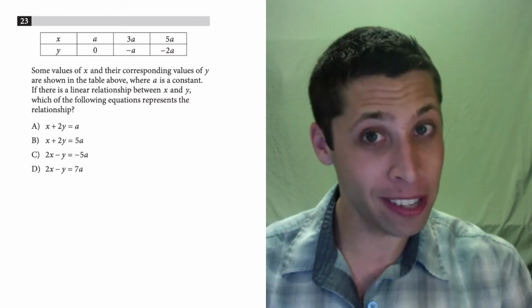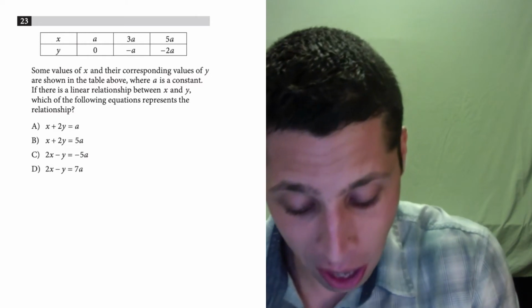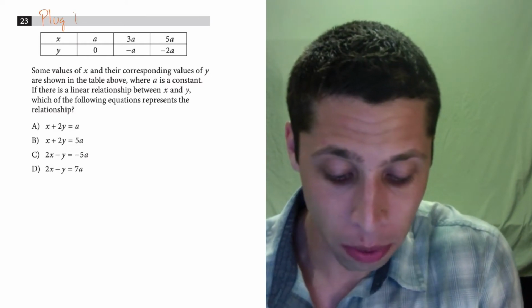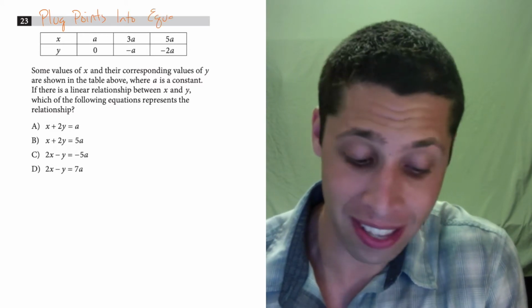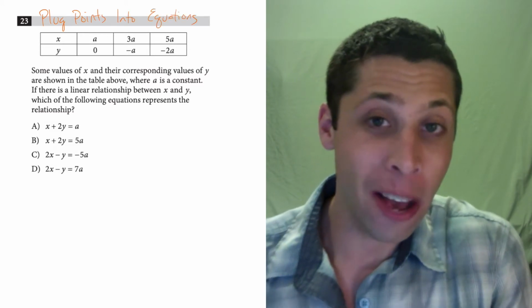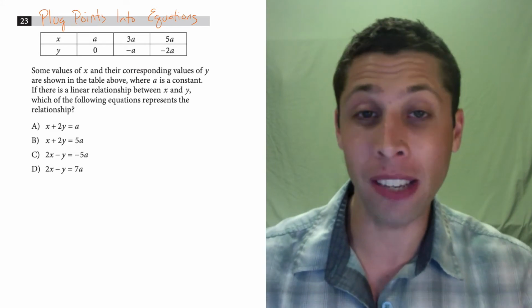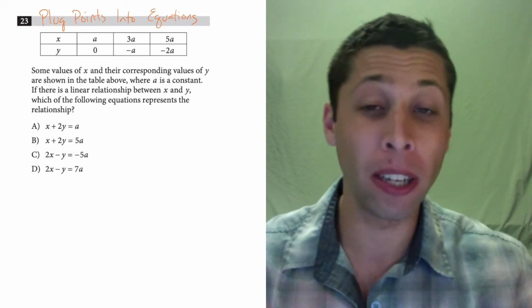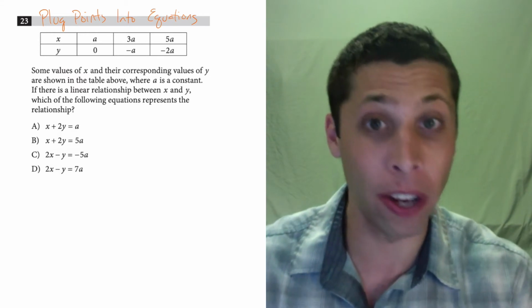So if we have points and we have equations, hopefully you've seen enough of my videos to know that we're supposed to plug points into equations. That's a strategy that works in lots of different situations. And in this situation, it's a little weird because normally the points that we're plugging in have numbers, right? It wouldn't be A or 3A, it would be like 1 and 3.